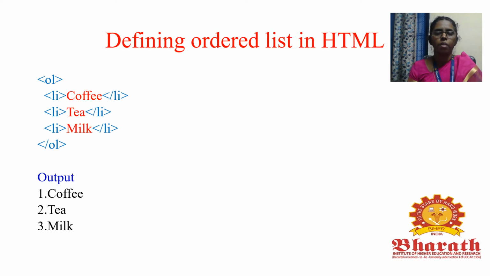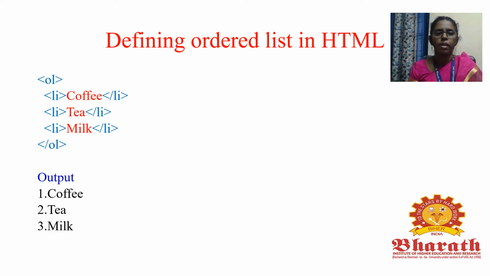It uses the same procedure as the unordered list, but in the case of the unordered list we use the tag UL, and in the case of the ordered list we have to use the tag OL. All the list items are embedded within this OL tag. For each OL tag, we have the corresponding closing tag, that is /OL. Each item should be embedded within the list item tag, that is li, as well as the closing list item tag /li.